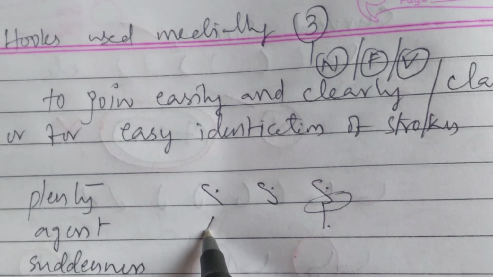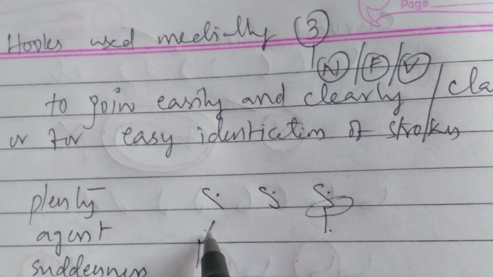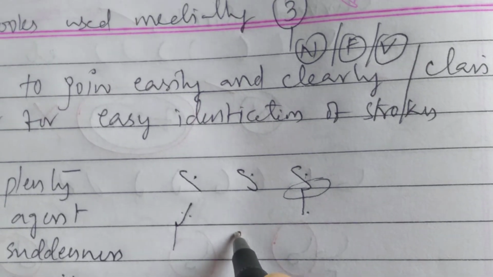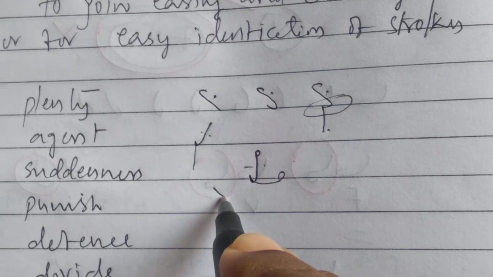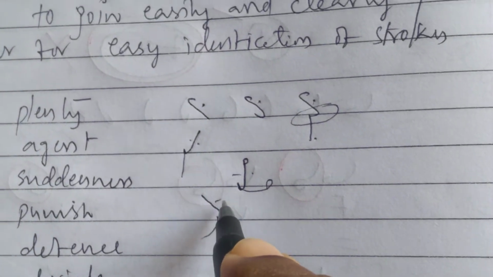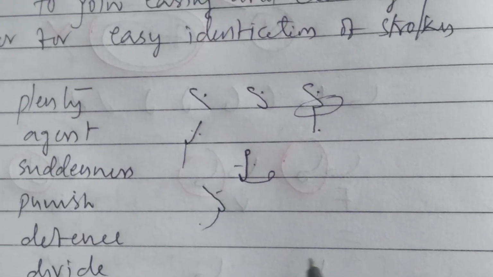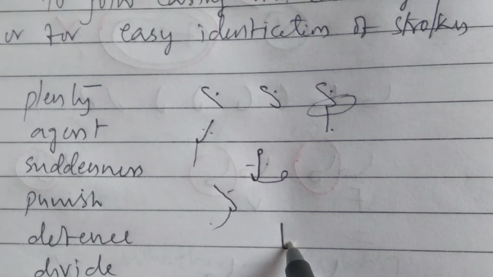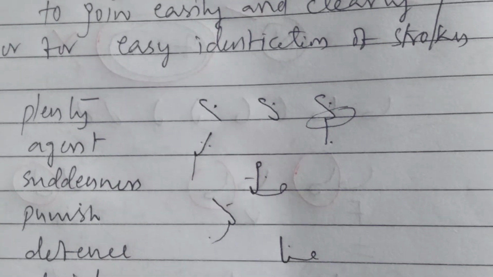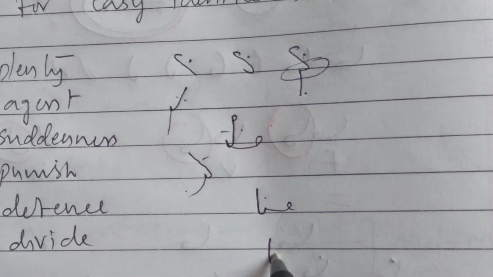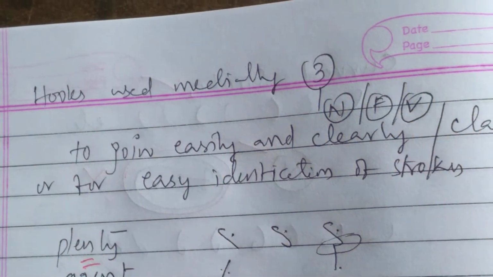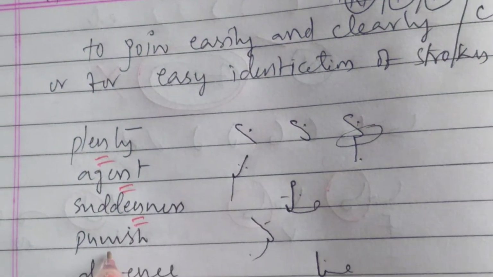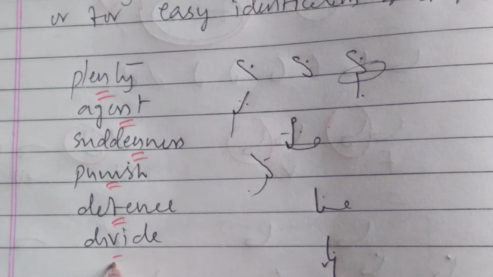In the same way: agent, suddenness, punish with the special sound, defense, divide. Plenty has the N hook, agent the N hook, suddenness the N hook, then F hook, V hook.